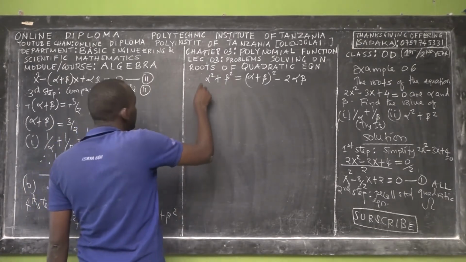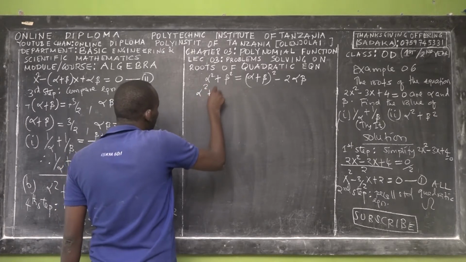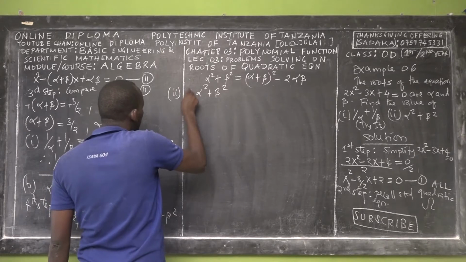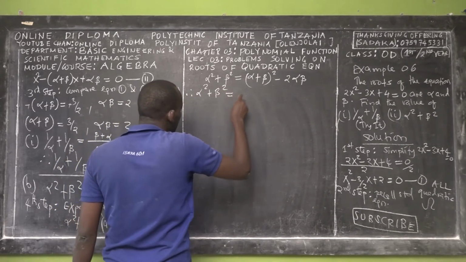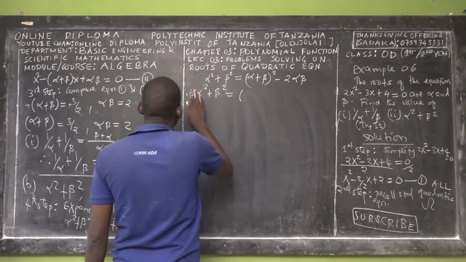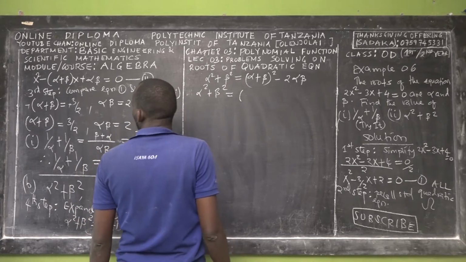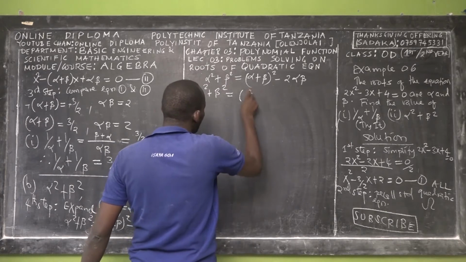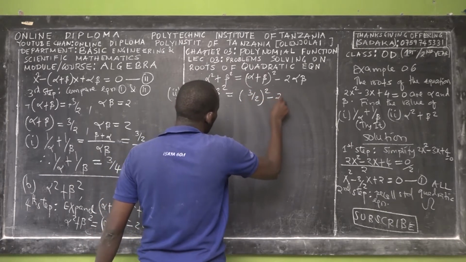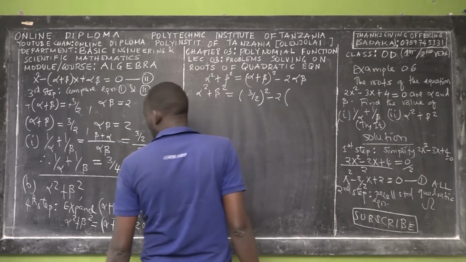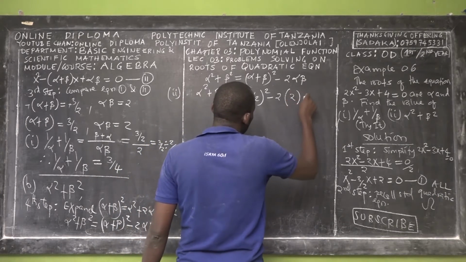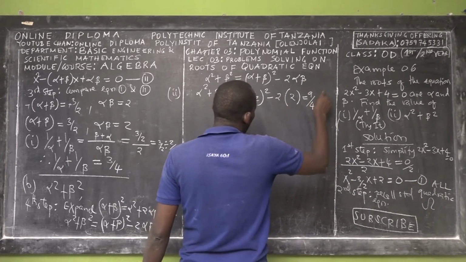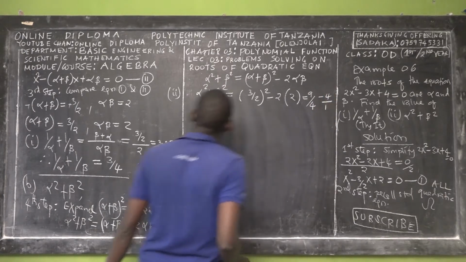So to find the value of this expression, alpha squared plus beta squared is equal to the sum of the roots squared, which is 3 over 2 squared, minus twice the product of the roots, alpha times beta, which is 2. So this is equal to 9 over 4 minus 4 over 1.